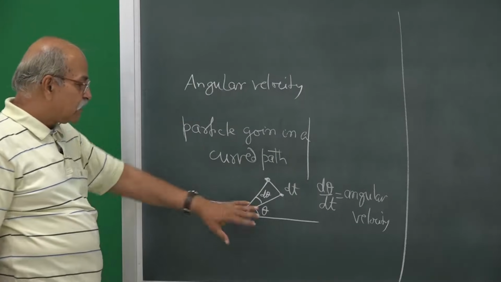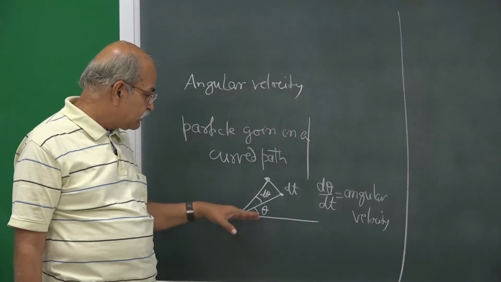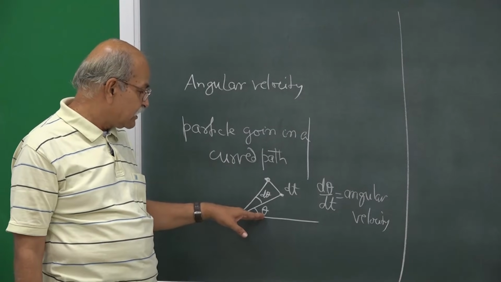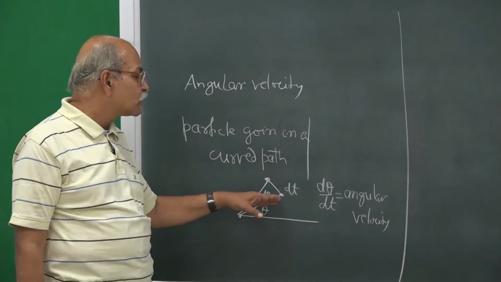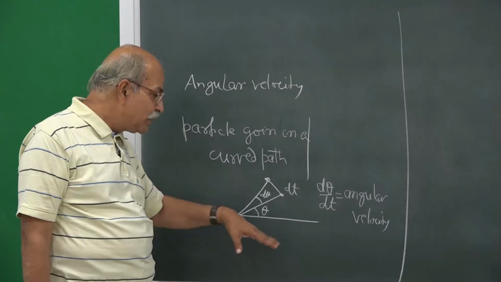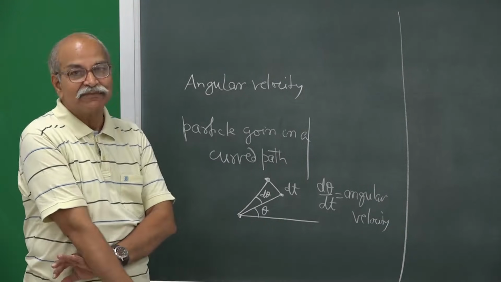So, this is when a particle is going on some path and the angle with this fixed line is changing with time, and then you say that the particle is rotating and moving in rotational motion, and then you define this angular velocity term d theta dt.